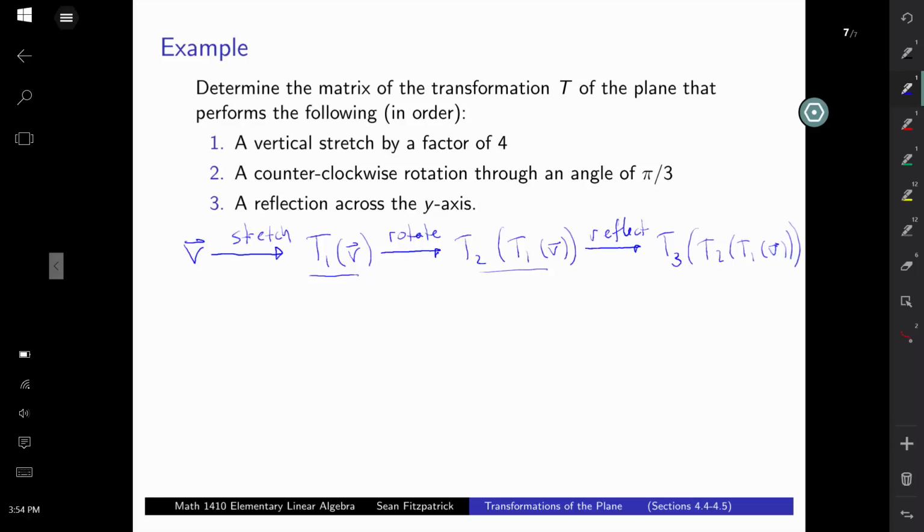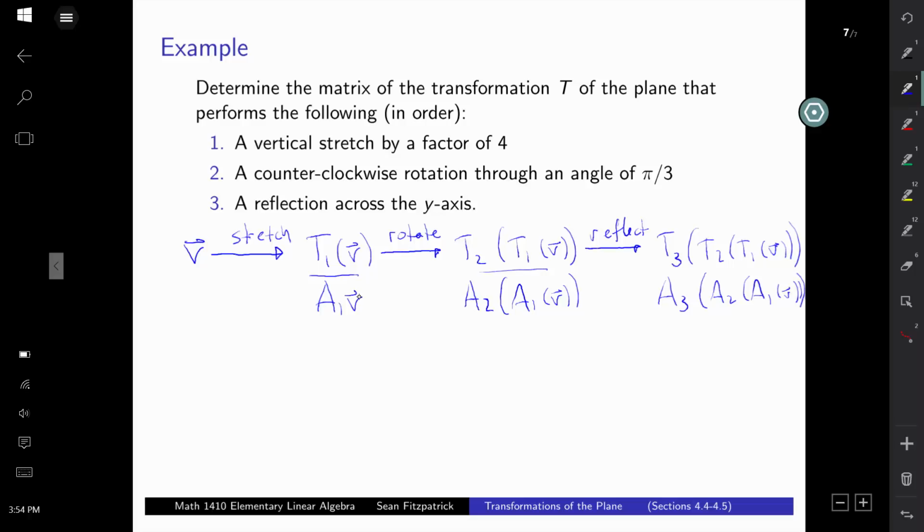Now we want to think about this in terms of a matrix. T1 of v has to be given by A1 times my vector v. T2 is given by multiplying by some matrix A2, but the input always goes on the right, so it's A2 times A1 times v. Similarly, I have A3 times A2 times A1 times v.